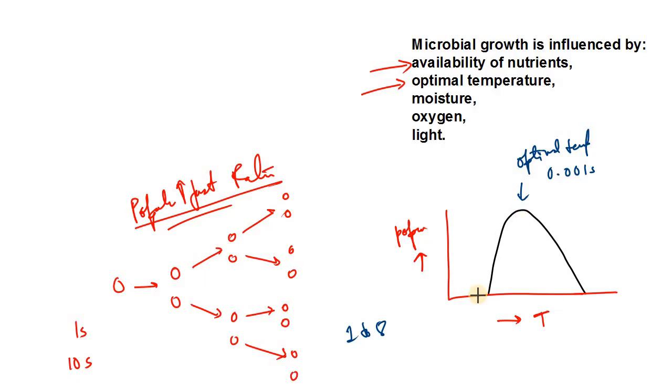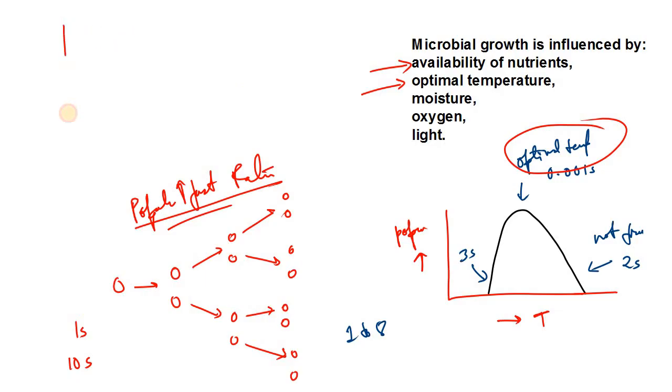But in other places over here, as we decrease or as we increase the temperature, here the conditions are not fruitful for them, and so here the same thing will happen, but it will take much longer. Probably it will take 2 seconds or it will take 3 seconds. So you have to understand that for the microbes, they have this optimal temperature where their population is maximum.